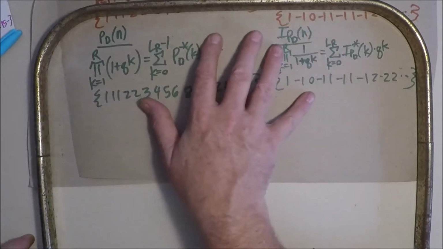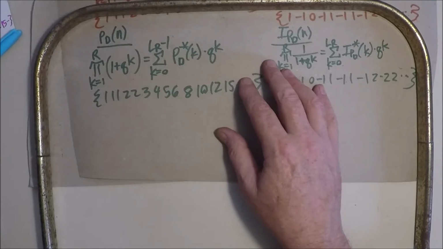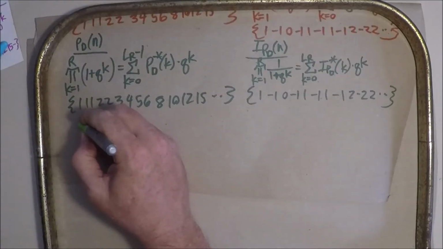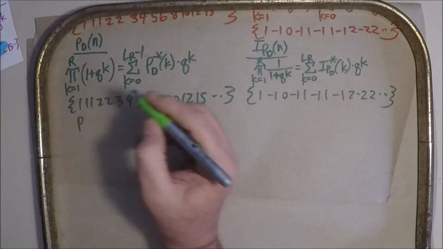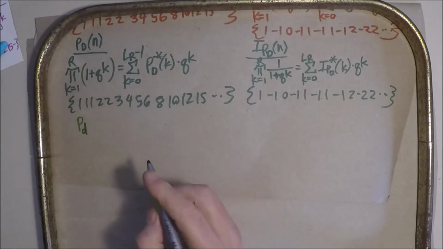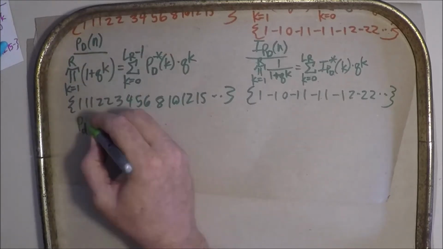So we can specify a general partition function in terms of number of repeated parts. And for that, we're going to use a little convention. We'll use a small d for degree as opposed to a capital D for distinct.